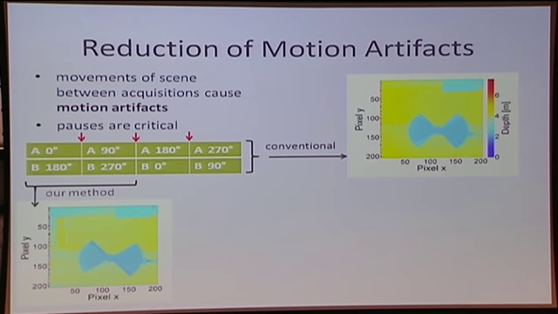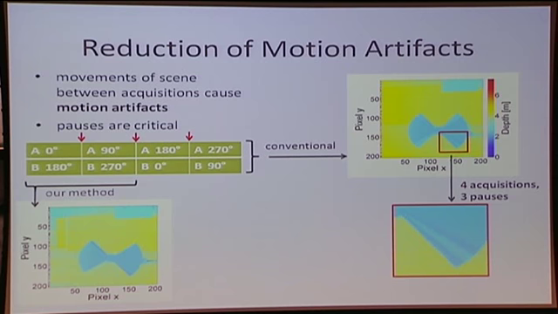Another important result is that the artifacts, which I mentioned before, are significantly reduced. For these artifacts, the number of pulses between their required acquisitions is important. So the conventional averaging technique uses 4 acquisitions with 3 pulses between them.